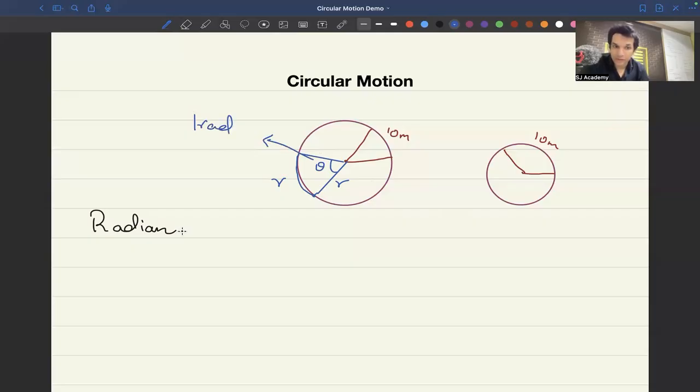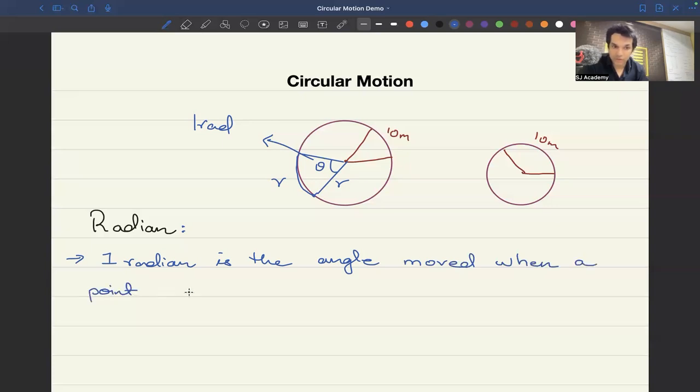So 1 radian is the angle rotated when a point moves a distance r, which is the radius, on the circumference.